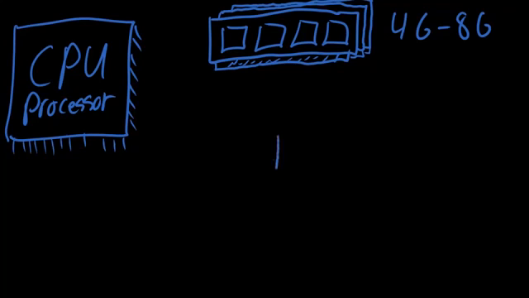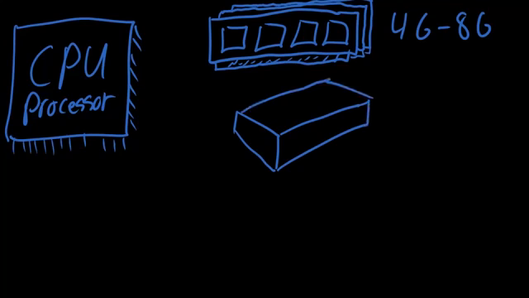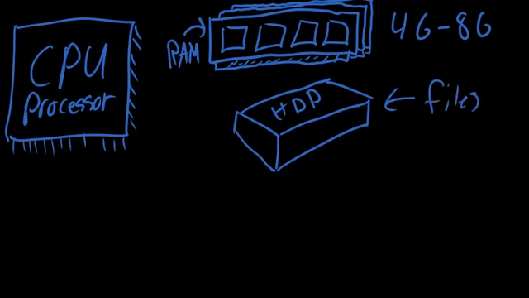Another key component is actually the hard drive within your computer that physically stores all your files and folders. The hard disk drive, this here is RAM, and these are core components in every system. The hard disk drive is where all your files sit when they're at rest.